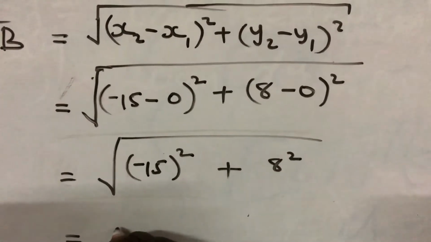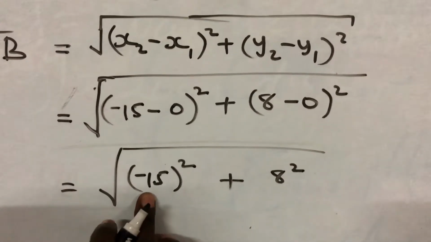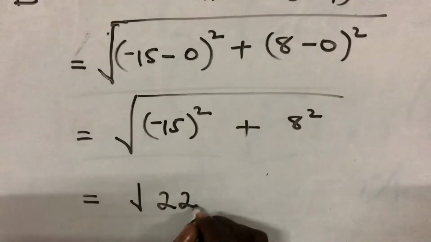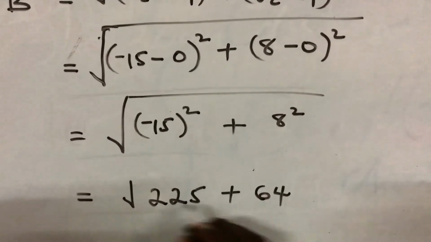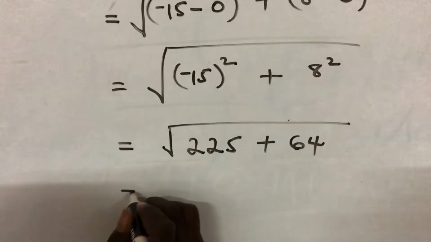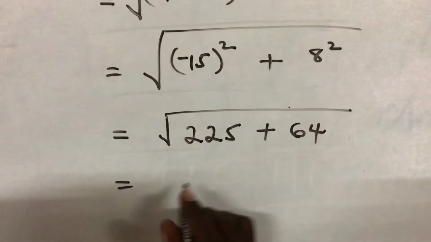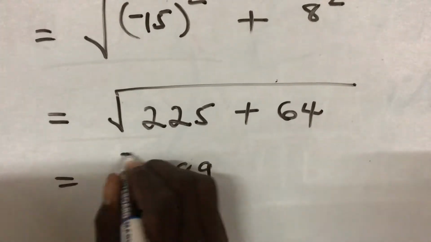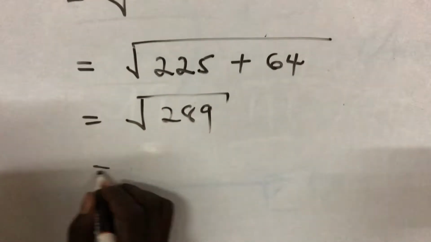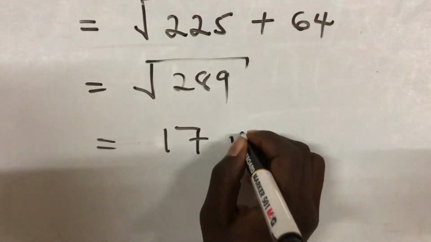So this becomes square root of -15 squared is 225, plus 8 squared is 64. So if you add 225 plus 64, you get 289. And the square root of 289 is 17 units.